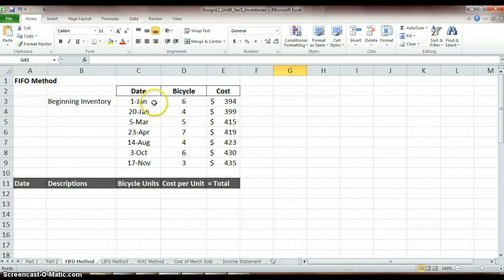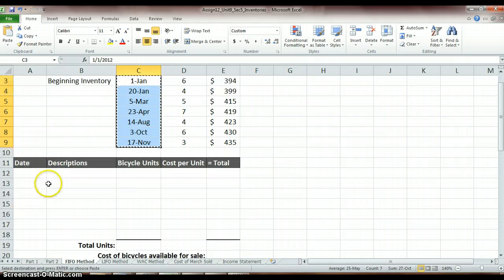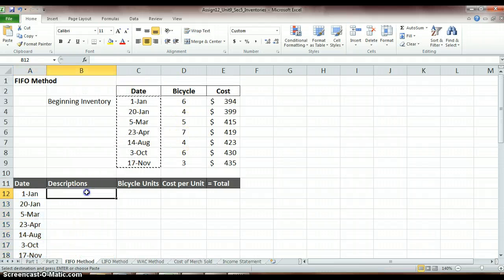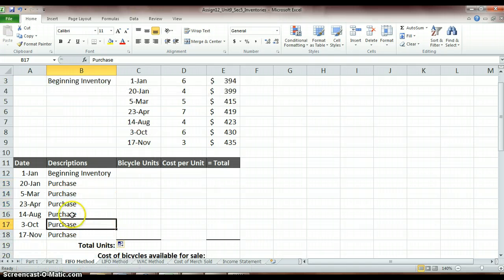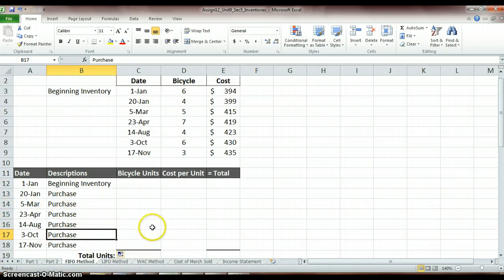So we can copy our dates down into here, and we want to call this beginning inventory, and this was an extra purchase, as was the rest of these, because these were purchases that we made on each of these dates.